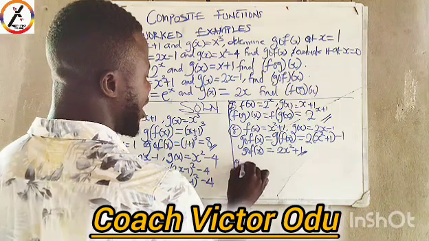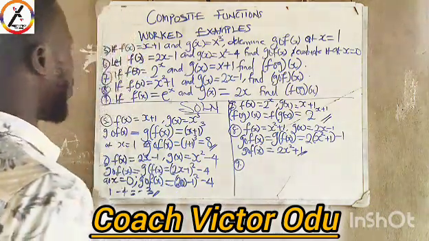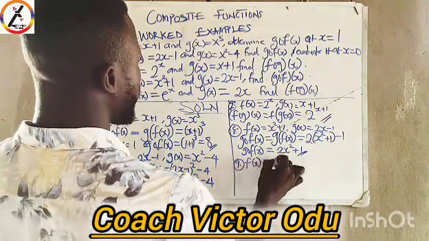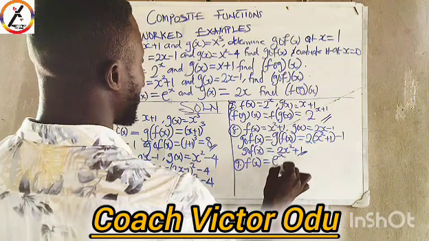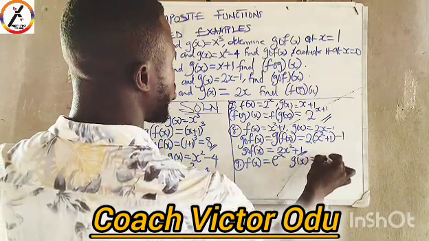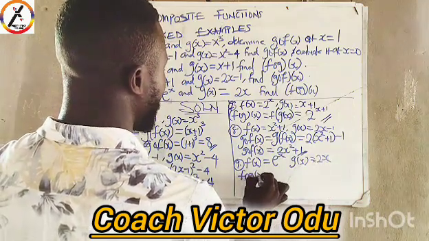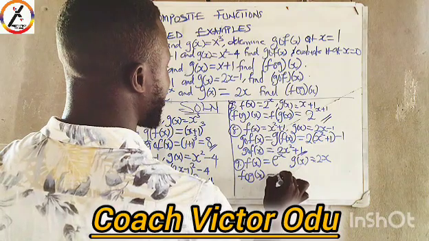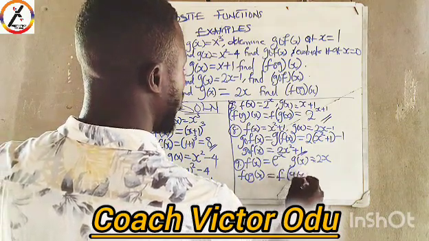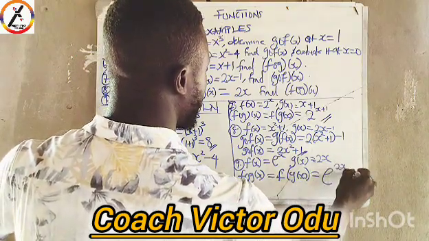So question 9, which is the last question in today's solving of composite functions. We have that f of x is equal to exponential x and g of x is equal to 2x, and the question says we should find f of g of x, which is f g of x, and this will give us e raised to the power of 2x.